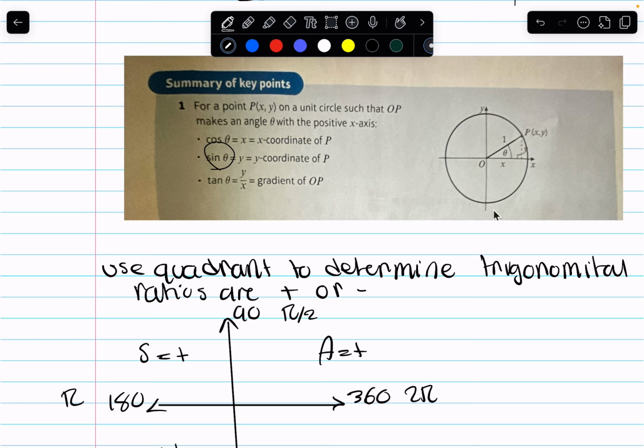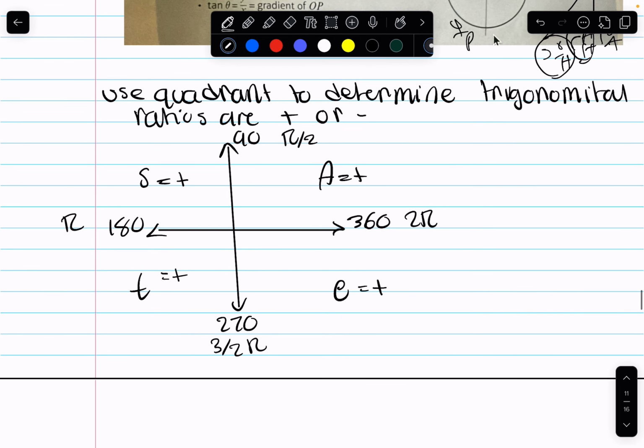If you want sine theta, you get this y, the y coordinate of this P. And if you want tangent, it's y over x, because it's sine over cosine, so you get the gradient. This is also well known as SOHCAHTOA. And we know that sine over cos gives you tan. You can always label your diagram to make sure you are doing the right thing.